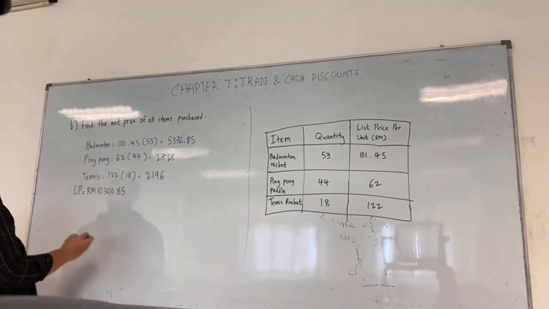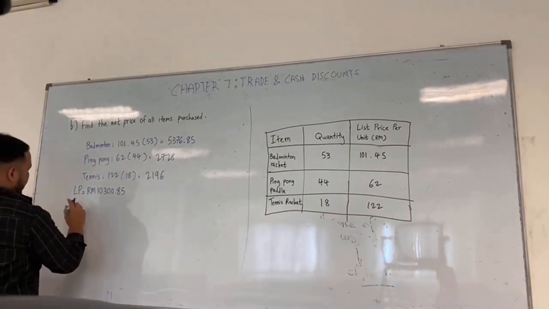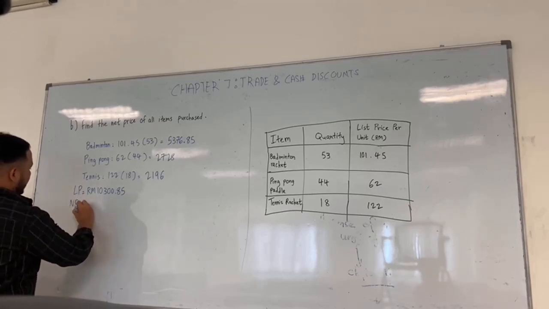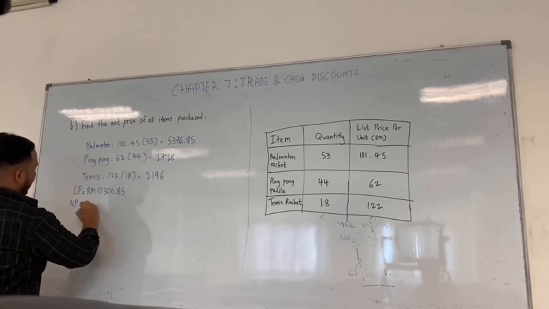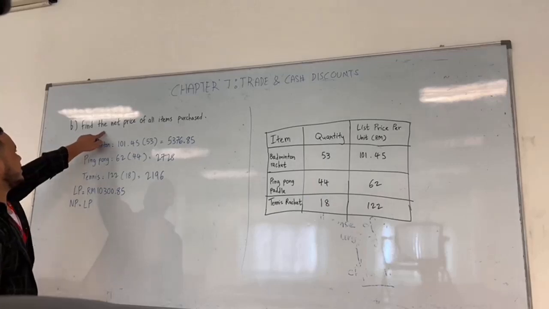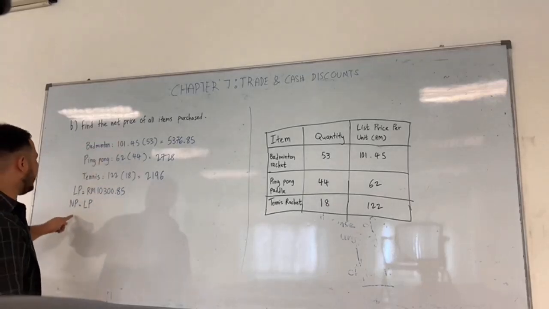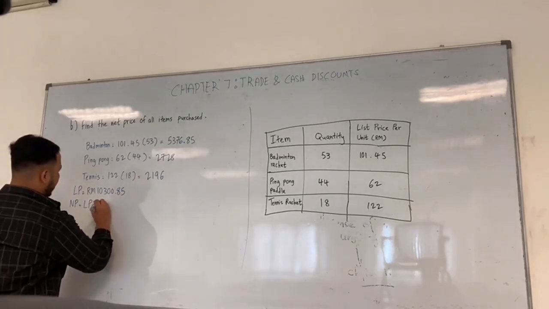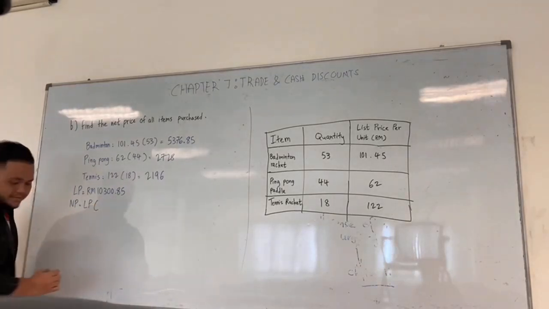Okay, now we need to put in the formula. The formula is NP equal to LP, bracket 1 minus D. As I said, find the net price, so we need to find NP, the net price.